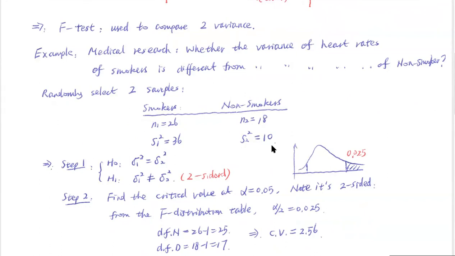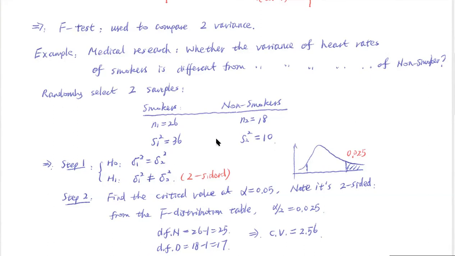So what's our goal here? We are trying to see whether the first group, smokers, with sample variance 36, is statistically different from the non-smokers, right? From those 26 smokers and 18 non-smokers, we can clearly see the smokers here have a bigger variance because 36 is bigger than 10, right?